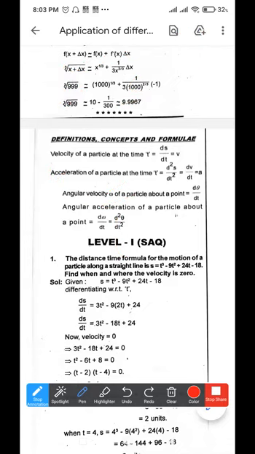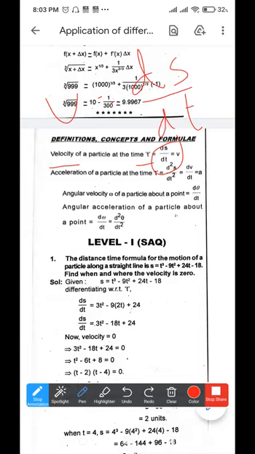So if they gave us distance and we need to find the velocity, what will we do? We will divide it by time. So velocity of a particle at time t is ds by dt. V is equal to ds by dt.